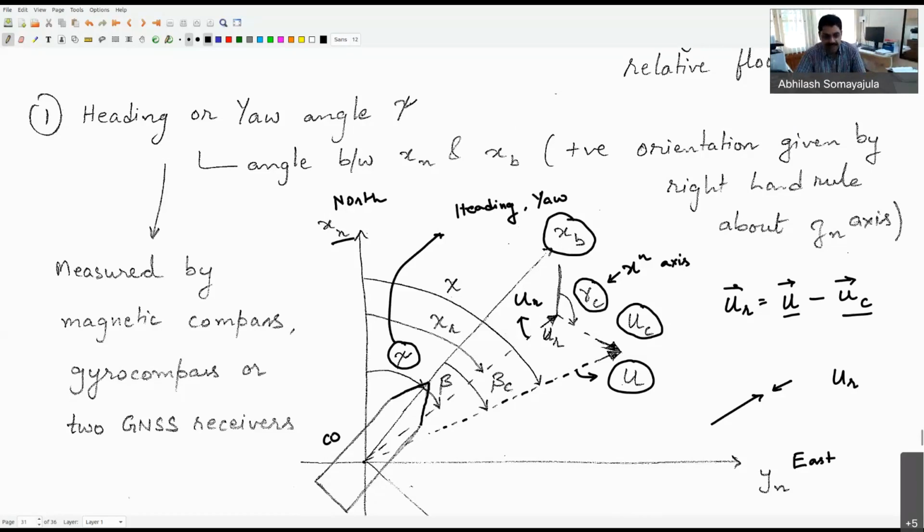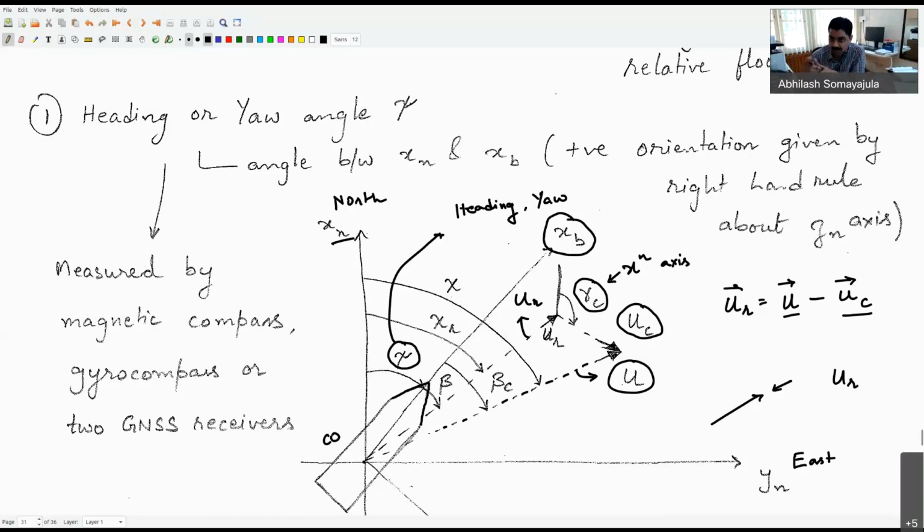We typically measure this angle using what is called a magnetic compass, or by integrating gyroscopes, or by having two GPS receivers on board the craft, located at different points, so that we can precisely know the orientation of the heading.